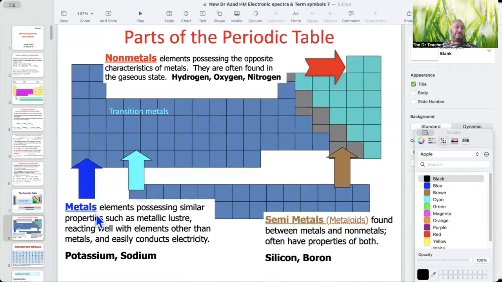We can select some metals such as potassium, sodium, and calcium. Some of the semi-metals or metalloids are silicon and boron, and the rest will be non-metals, including hydrogen, oxygen, and nitrogen.